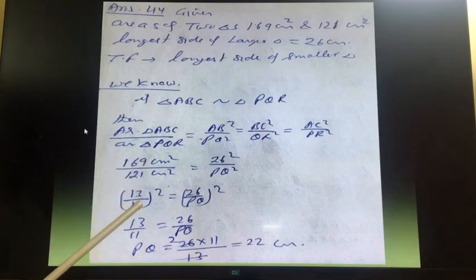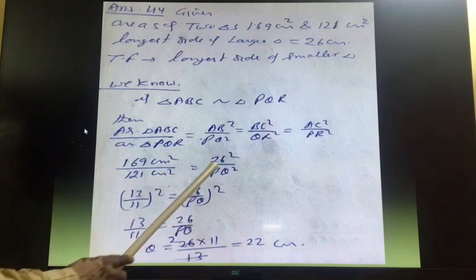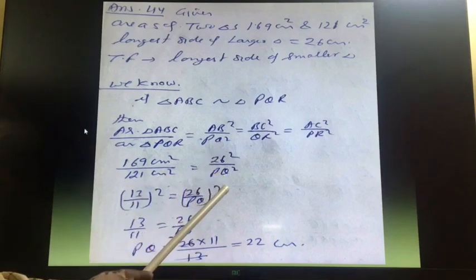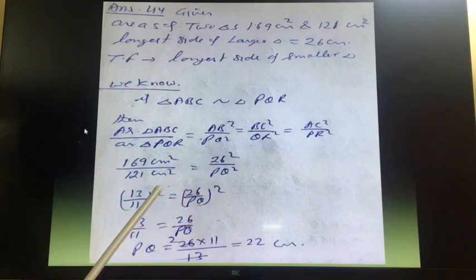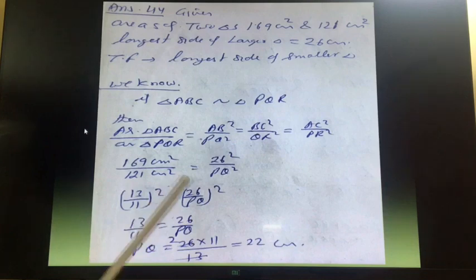So we can write 13 upon 11 whole power 2, and 26 upon PQ whole square, and the squares cancel. So 13 upon 11 is equal to 26 upon PQ, or 13 PQ is equal to 26 into 11. So PQ is equal to 26 into 11 upon 13. By 13 we can cut, it goes 2 times. 2 into 11 is equal to 22 centimeter. So PQ is equal to 22 centimeter.